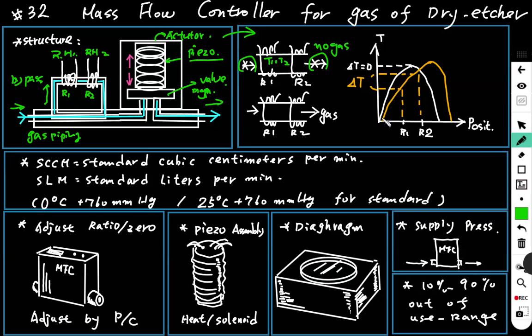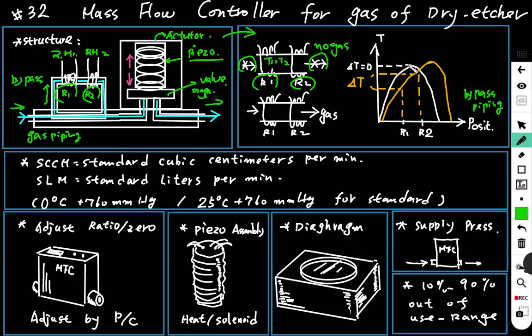We can see the white line curve; this is the bypass piping position, and here are R1 and R2. With no gas flow they are in the same condition, so their temperatures will be equal.